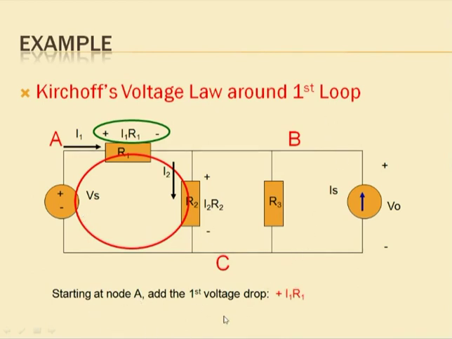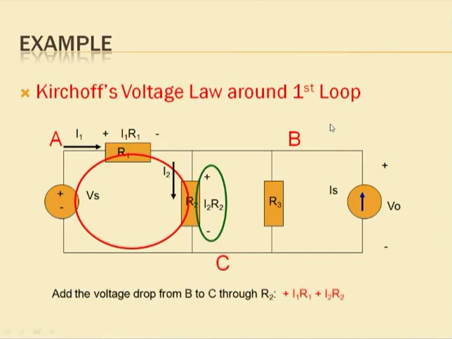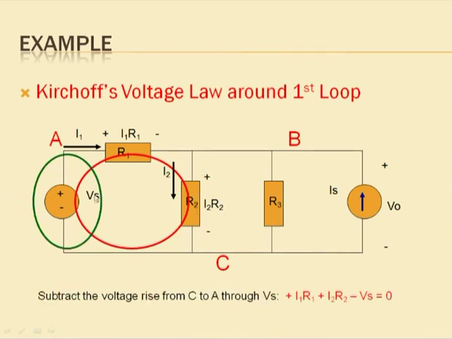So again from node A it is plus I1 R1, then here it is a voltage drop, positive to negative, so according to our convention plus I2 R2. Then the third one is negative to positive, which is a voltage rise, and we are considering voltage rise negative.